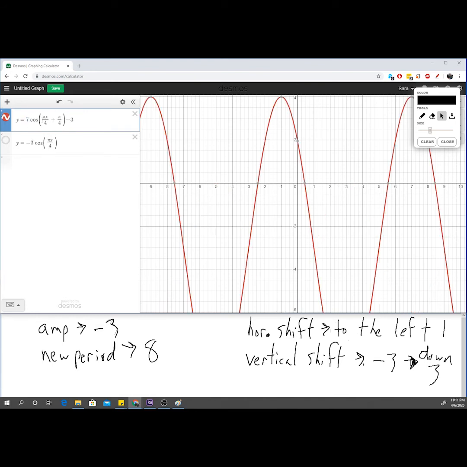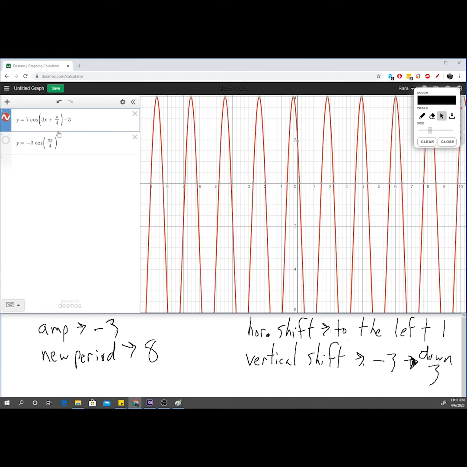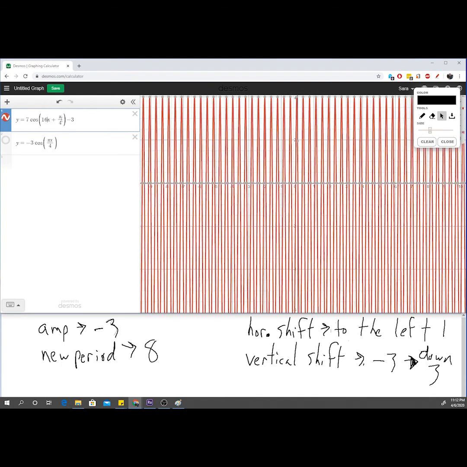Let's say I'm going to go 7. Let's do another cosine. Let's go back and make it a larger number. I'm going to use 16x. All right, now let me think through for a second.